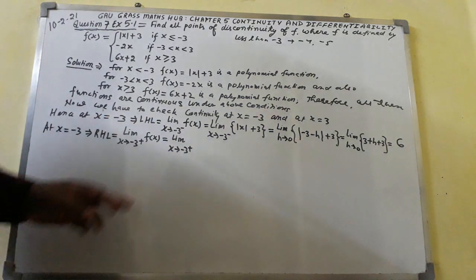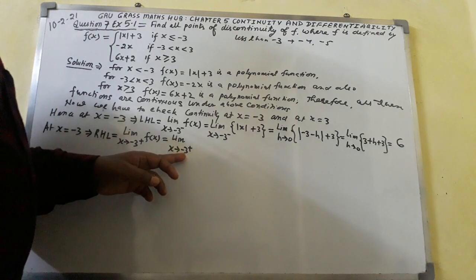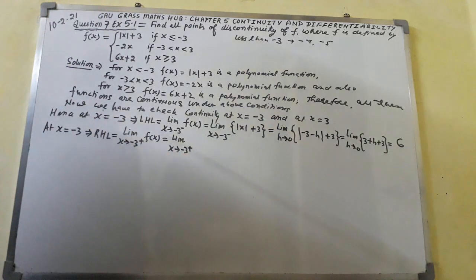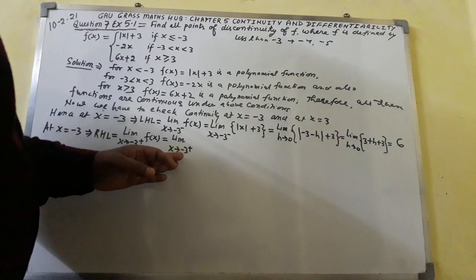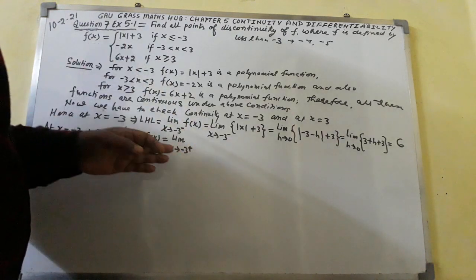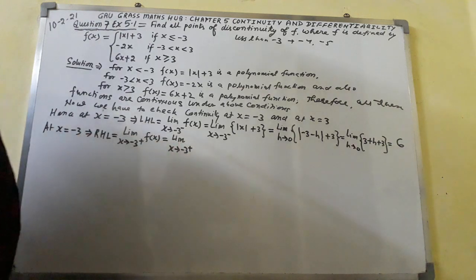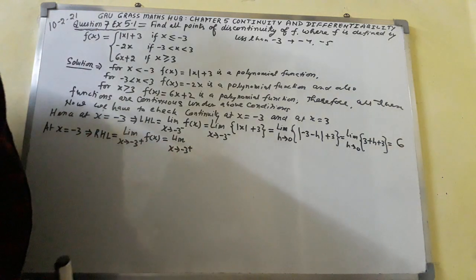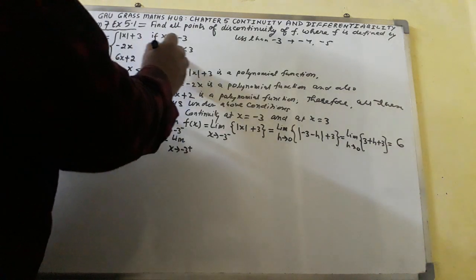This means that the value of x must be greater than minus 3. You have to find a function in which the value of x is greater than minus 3. You can locate this.